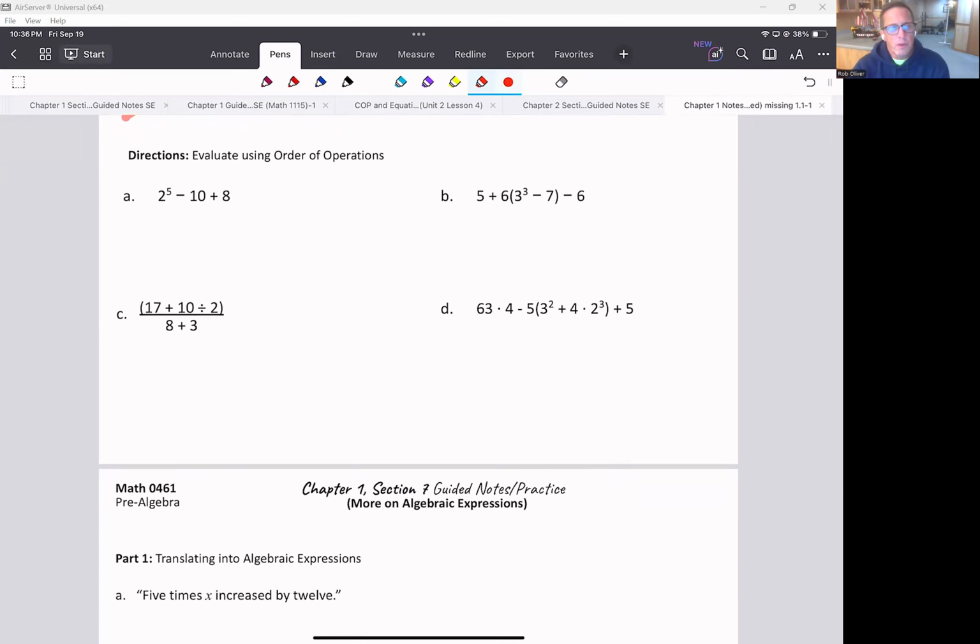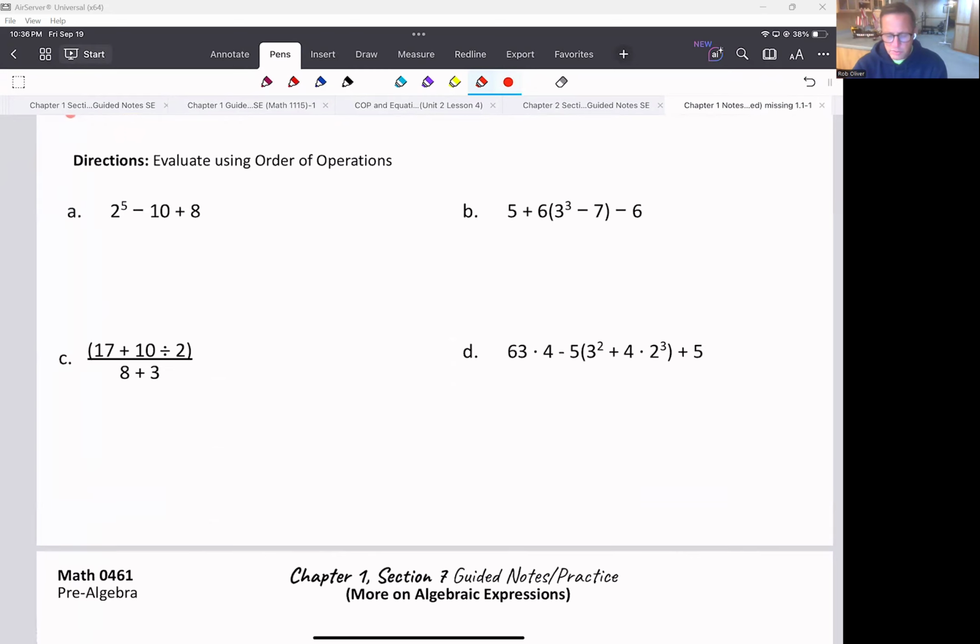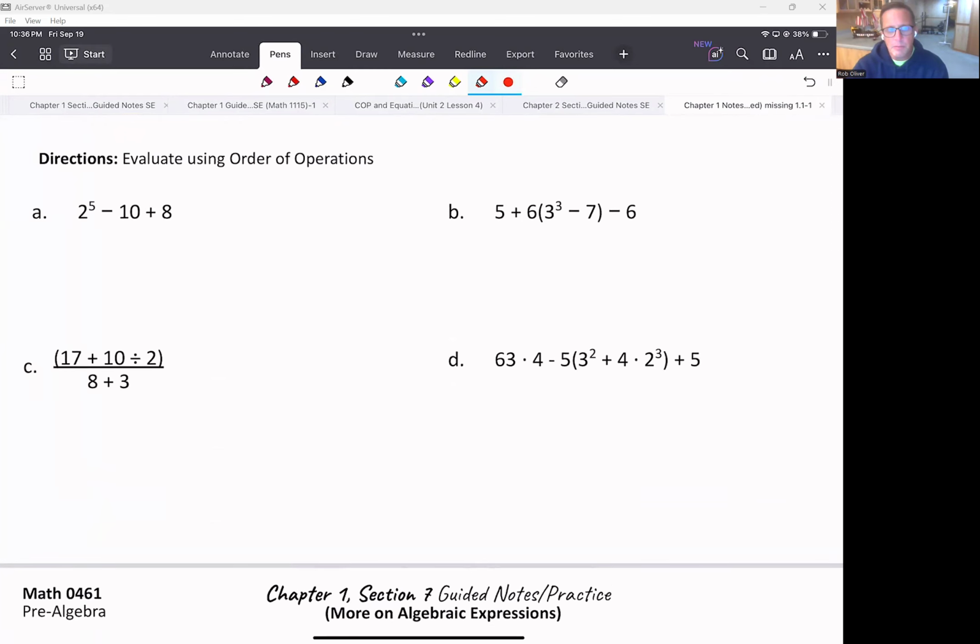For this next part, let's tackle some order of operations problems. My advice whenever I teach order of operations is to think of the tortoise and hare proverb: slow and steady wins the race. Take your time, do one thing at a time.